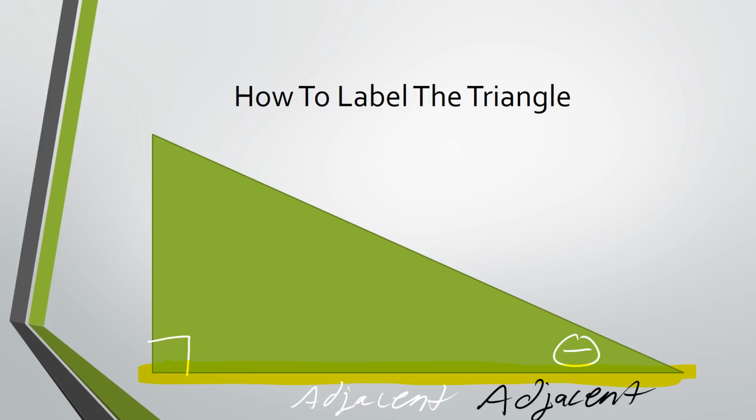Your hypotenuse is always going to be directly across from the 90 degrees, so you'll be able to draw the line straight from the 90 all the way across. So it will be the one side not touching it. So this will be the hypotenuse.